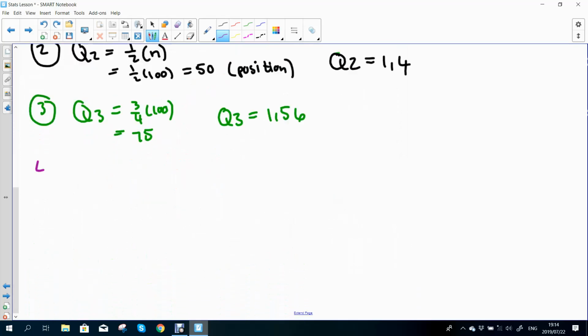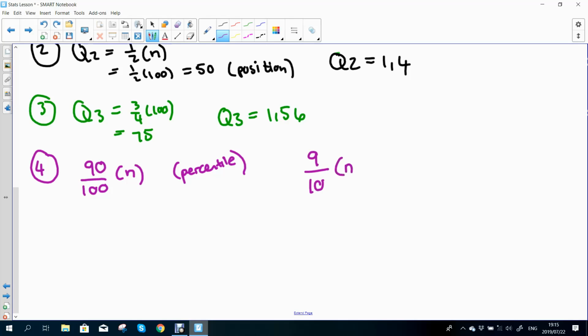Let's work out the 90th percentile. If they ask a percentile, guys, you take whatever they ask, divide it by 100, and times that by n. That is the percentile. If they ask what is the 9th decile, you take 9 and divide it by 10, and then times it by n.